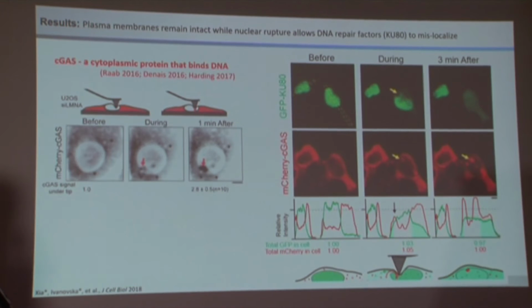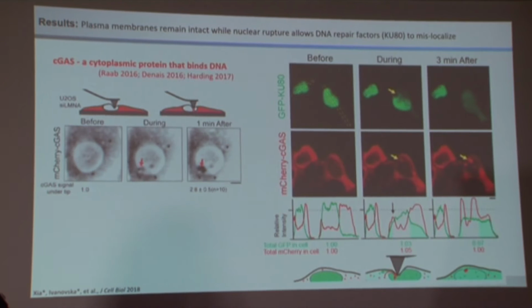It binds microbial DNA, but because it's not selective, it also binds its own DNA. You can see in these images that when we push on the nucleus, a few minutes after, we see the DNA repair factor leaking out, and there's cGAS accumulation at the position of the nucleus.